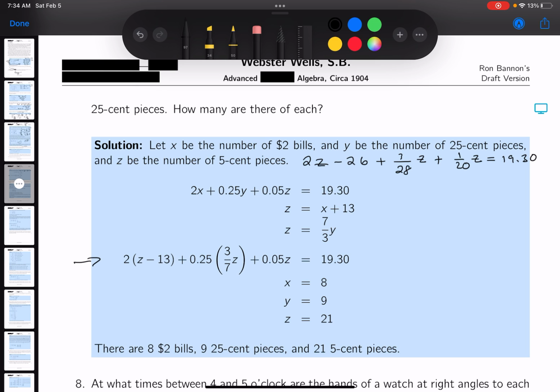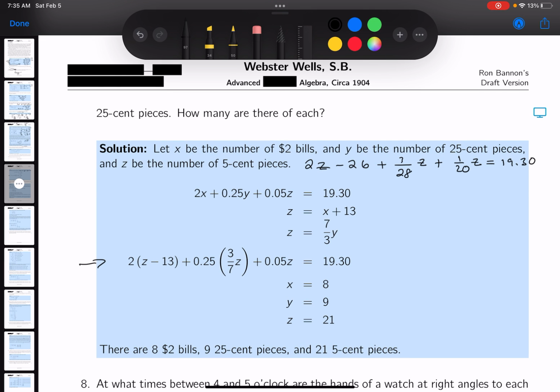All right? Now, what I'm going to do is get the Z's on one side, the number on the other side. Let me write this down for you. So you're going to get 2Z minus 3 over 28Z plus 1/20th of a Z. Whoops, that doesn't look right.